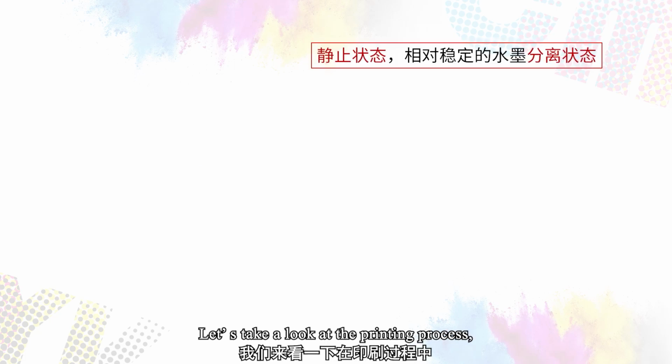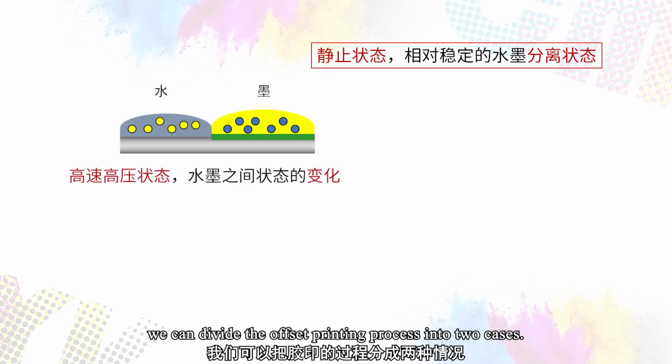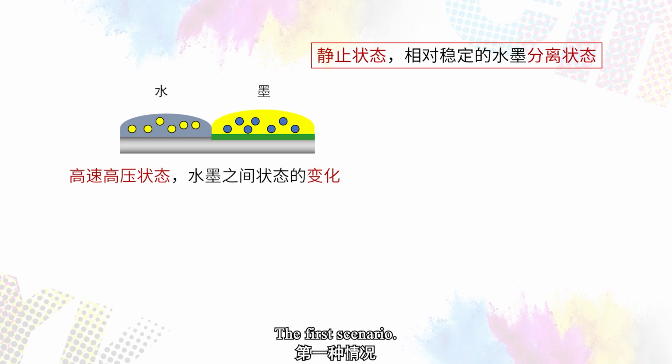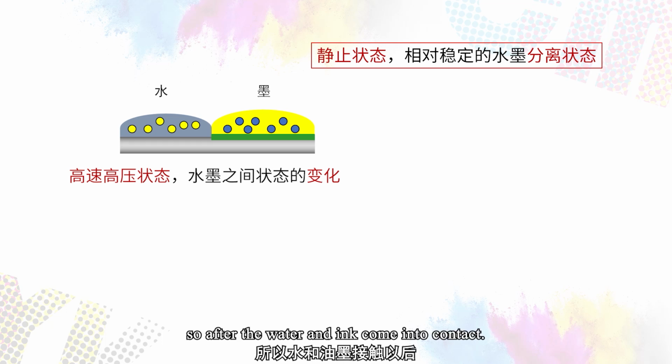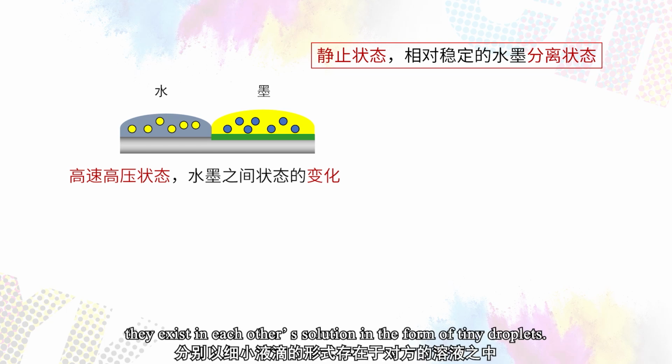Let's take a look at the printing process. What is the state of oil and water? First, we can divide the offset printing process into 2 cases. The first scenario: offset lithography is very slow. After the water and ink come into contact, due to their incompatibility with each other, under pressure, they exist in each other's solution in the form of tiny droplets.